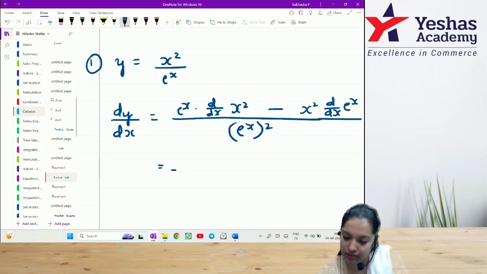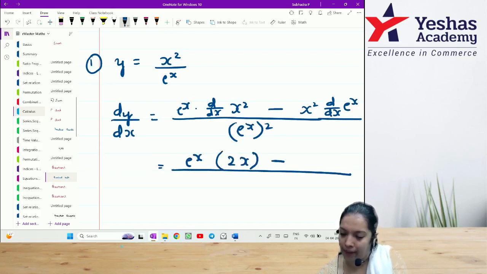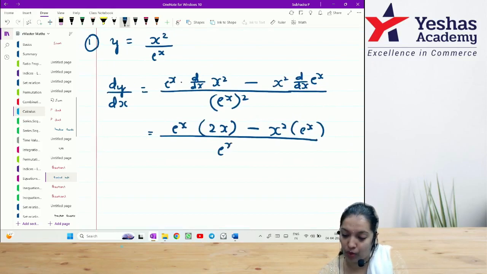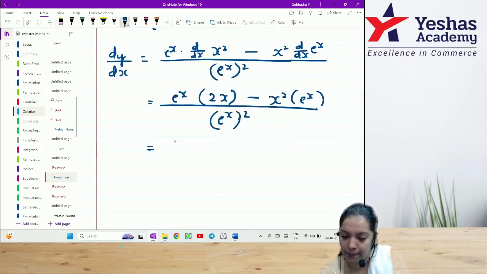Let's solve this. e power x into what is the derivative of x square? 2x, minus x square into what is the derivative of e power x? e power x, divided by e power x whole square, which is e power x into e power x. Let's see in the next step. I have e power x common because it is there in both.